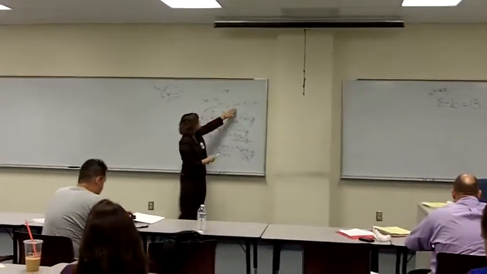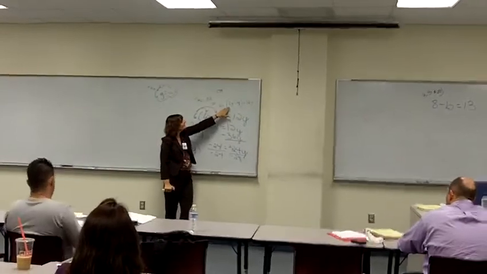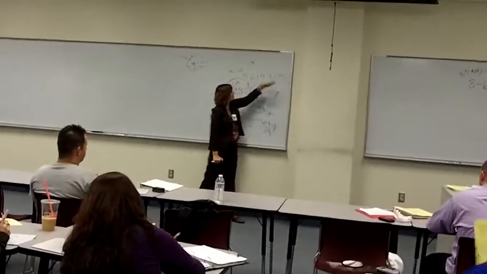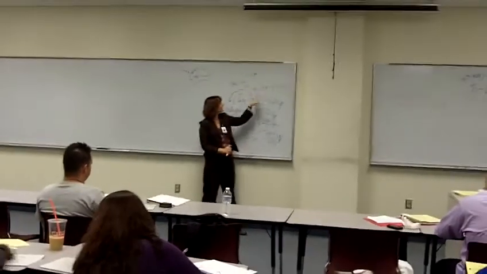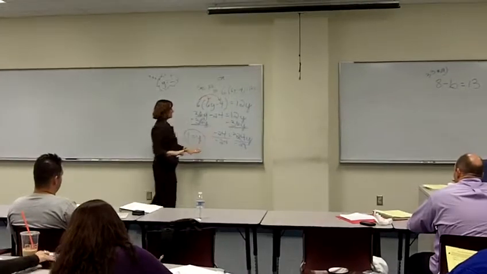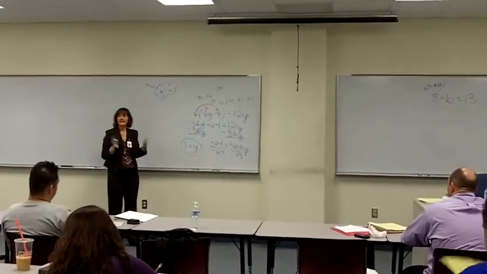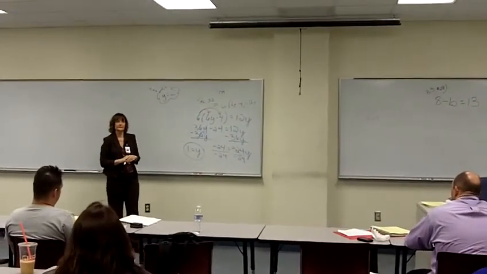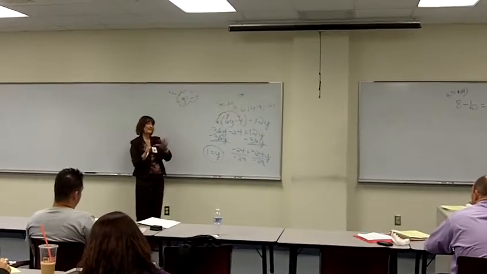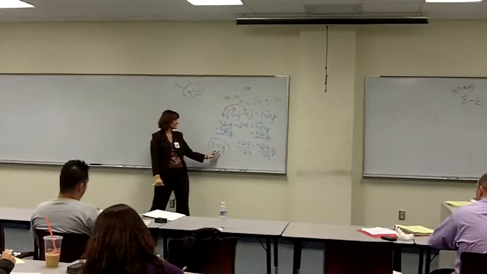Okay, what if I went back up to this problem? What if I started out, could I take this and distribute and move things around differently and get a different answer? Yes. What did we say about the last equation that we worked?